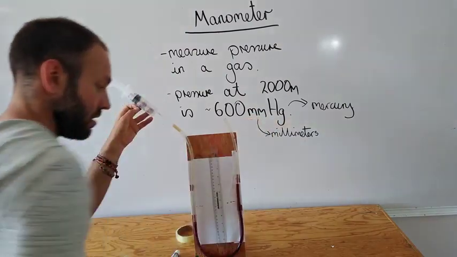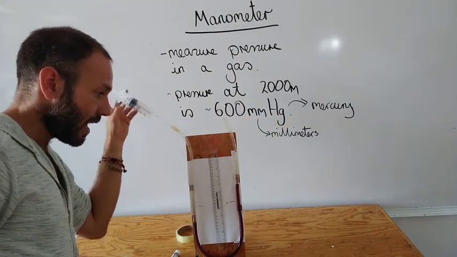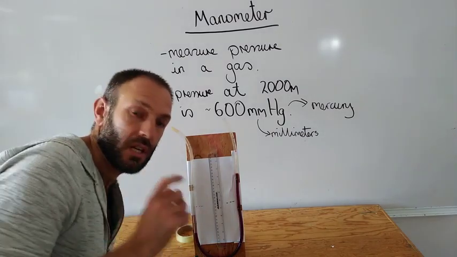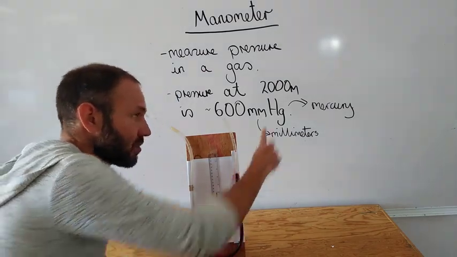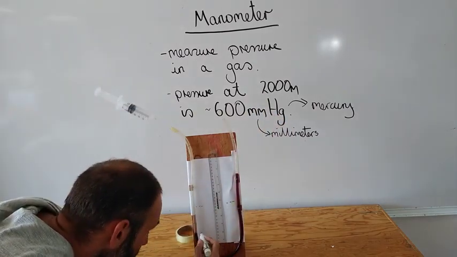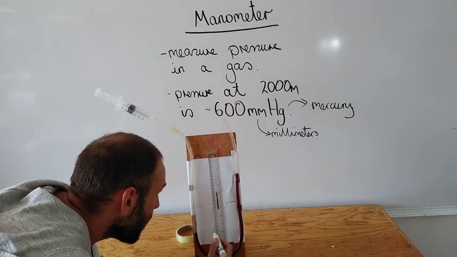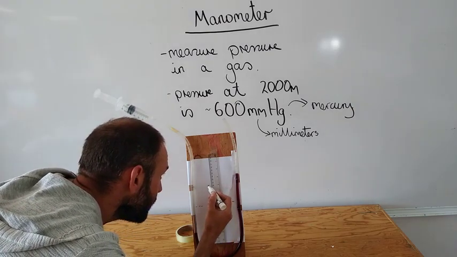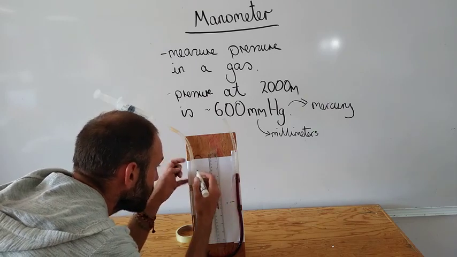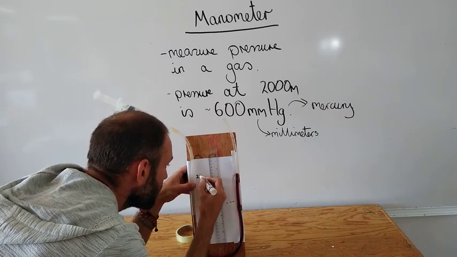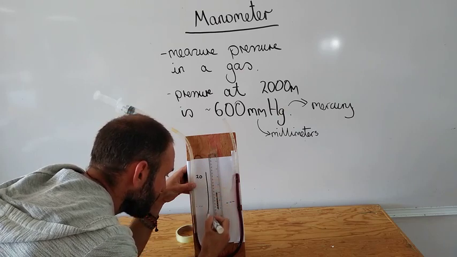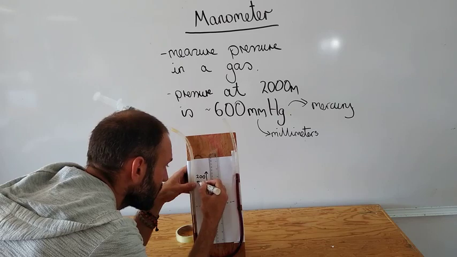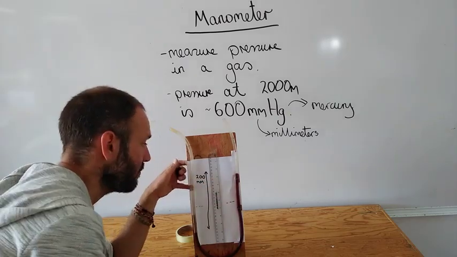It's more than 600. And to calculate how much more it is, what we do is we add the difference onto atmospheric pressure. So here the difference is, it's gone from 5 to 10, 15, let's call it 20 centimetres difference, just to make it nice and simple, which is 200 millimetre difference.